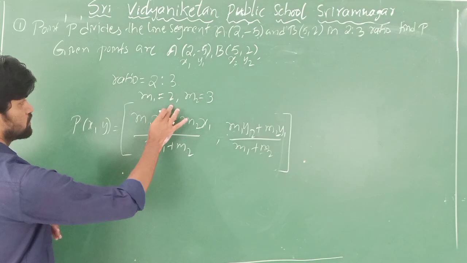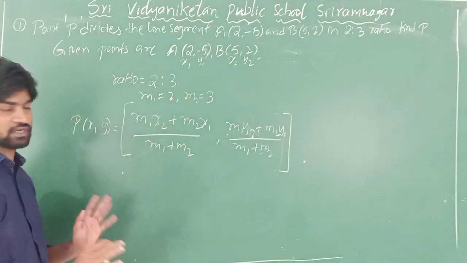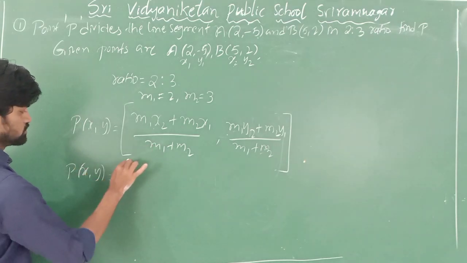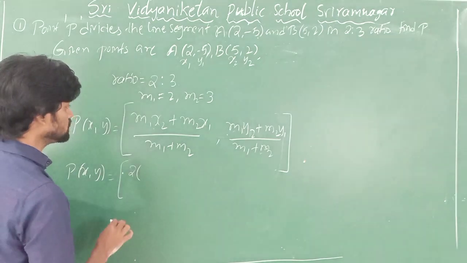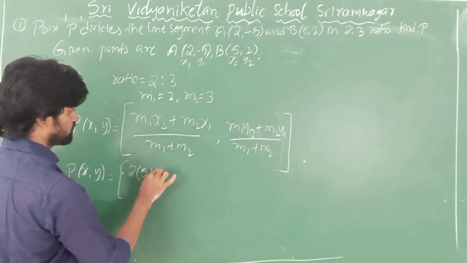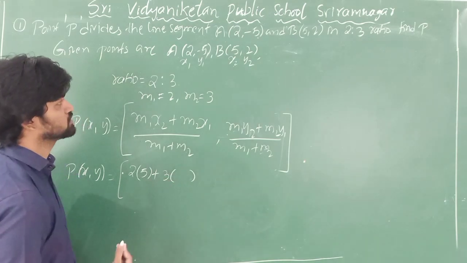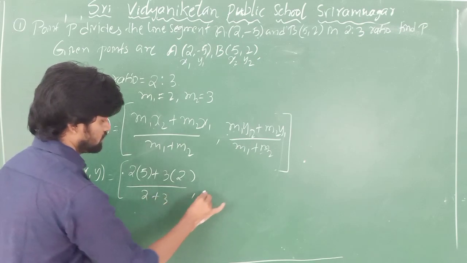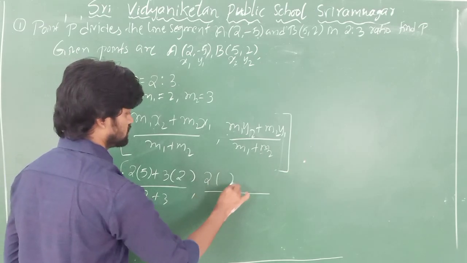We have the values of M1, M2, x1, y1, x2, y2, all of them. Just substitute values. P(x, y) equals M1 is 2, x2 is 5, plus M2 is 3, x1 is 2, divided by M1 plus M2, which is common in both.